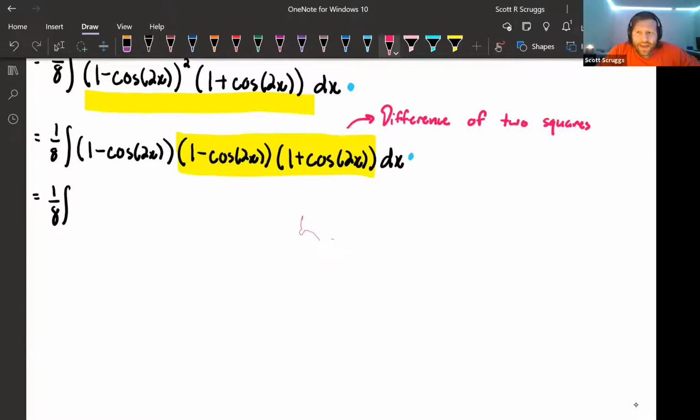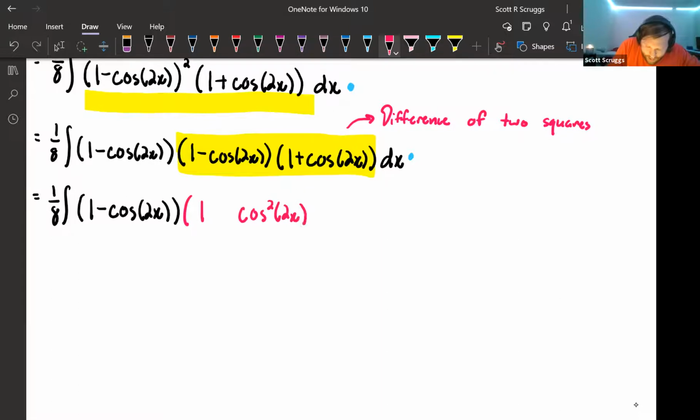And when I FOIL them out, what I'm going to get is the first term squared, so 1, minus the second term squared. So that takes care of the two highlighted.